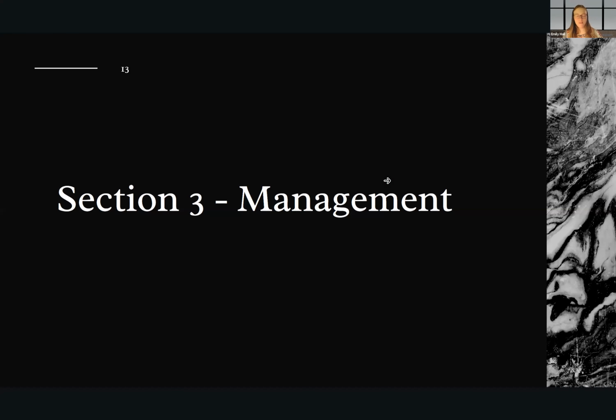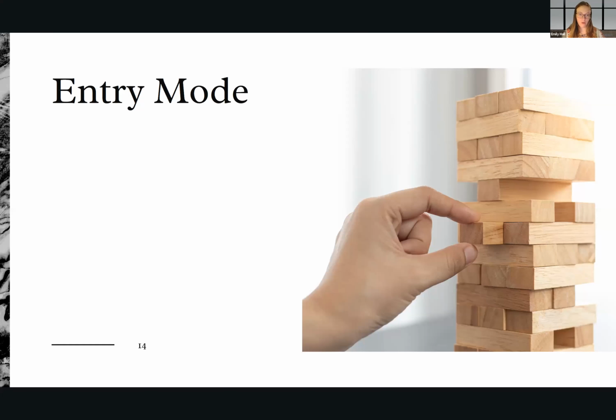So going into section 3, the management of really how this is going to be executed. The first 2 sections, you're really going into what you're doing. Section 3 is how. So you can go into your entry mode for your new market.